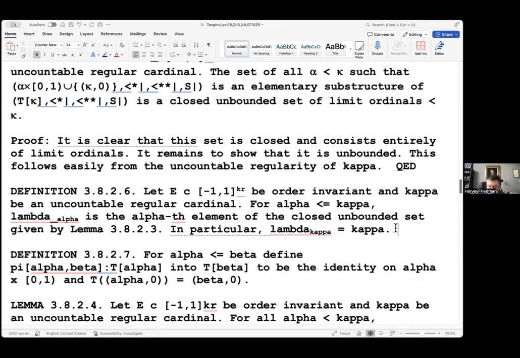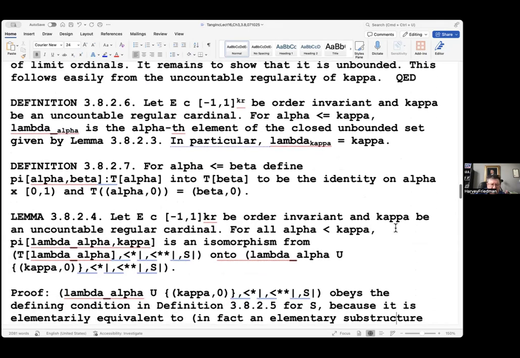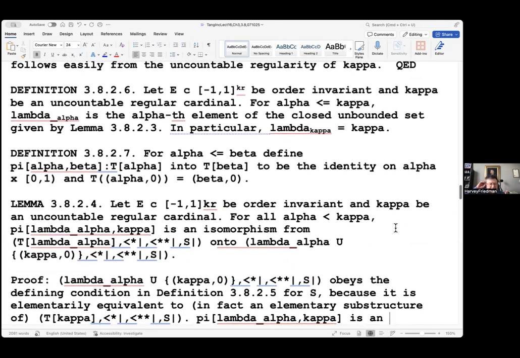All right. For alpha less than or equal to beta, we define an embedding. This is an important idea, embedding. Namely, it's called pi alpha beta, and it goes from T alpha to T beta, and it's the identity on alpha cross {0, 1}, and it maps T of alpha 0 to beta 0.